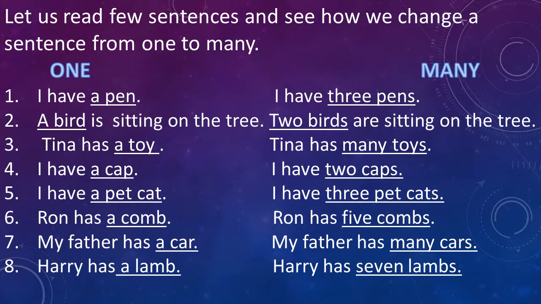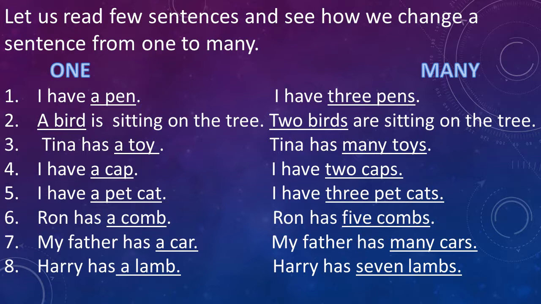I will say two birds are sitting on the tree. So are is used with more than one thing. And when I change bird into many, I will add S. What will I add? S.